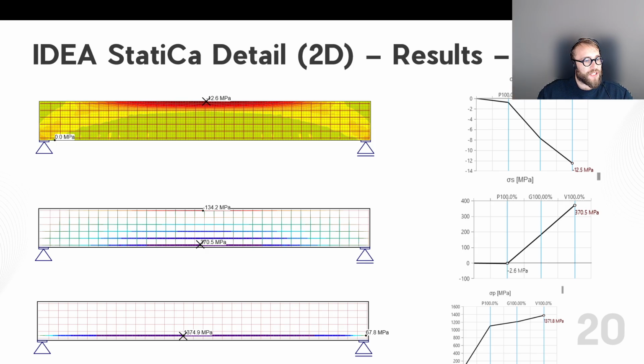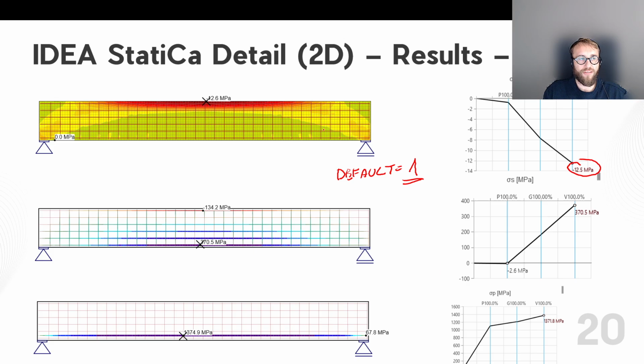Once we move forward to results for the final stage, where the variable loads are considered, you can see that the stress level is minus 12.5 megapascal. So the solution is analyzed for the default mesh settings with the number one.